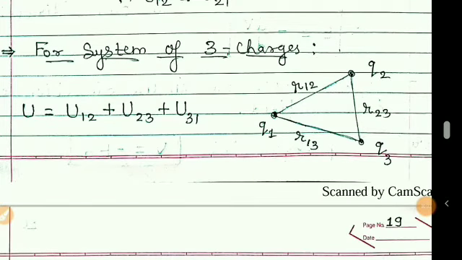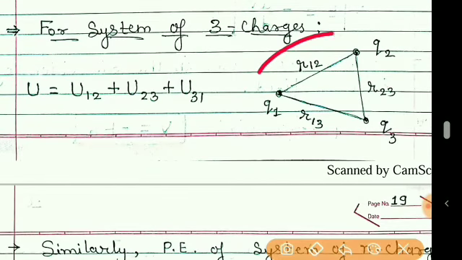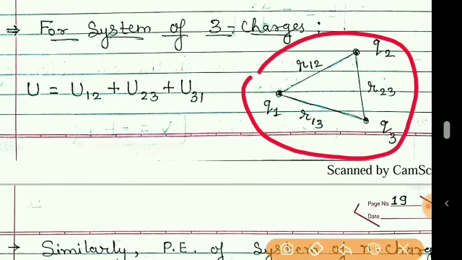And so finally, to find the potential energy of this system of three charged particles, we use the total potential energy U is equal to the potential energies U12, U23 and U31. And what is U12?